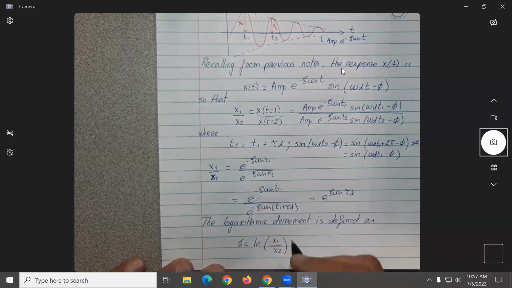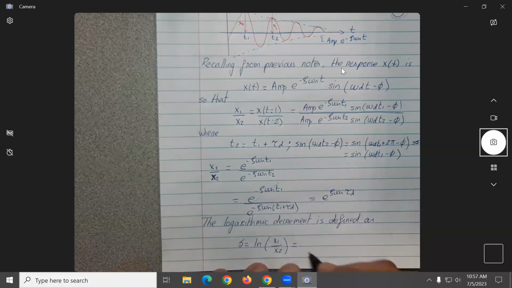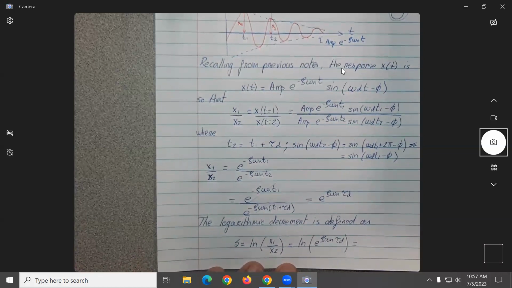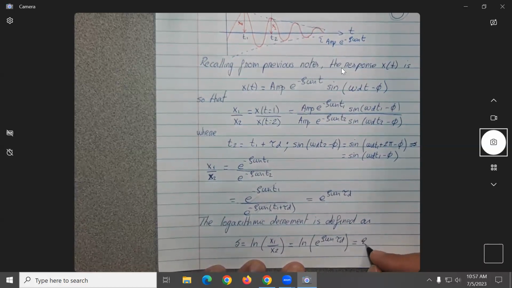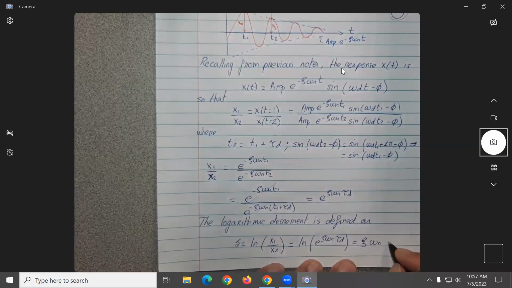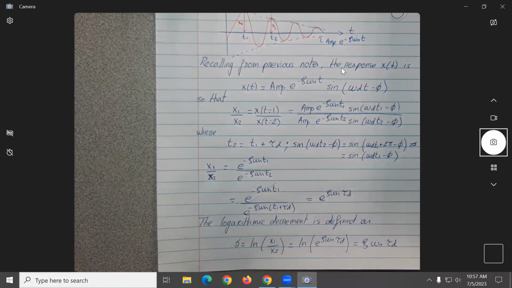So this should be equal to the log of the exponential of xi omega sub n tau sub d. So this should be equal to xi omega sub n tau sub d.